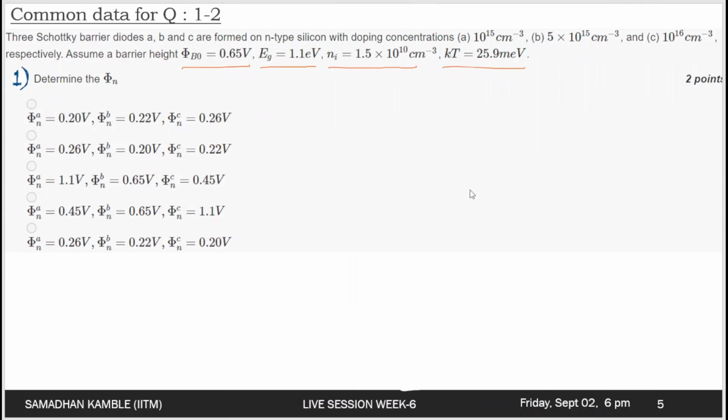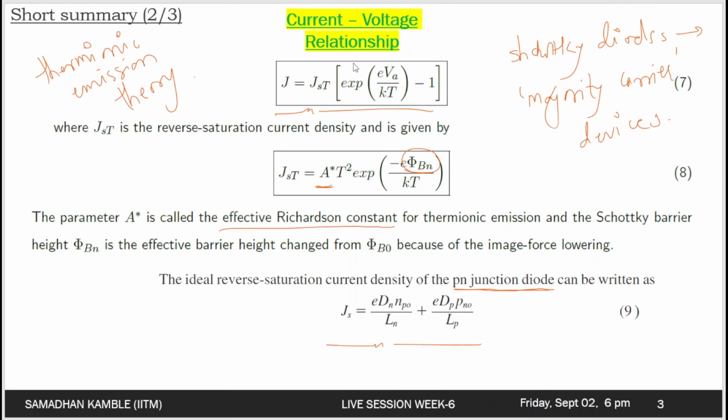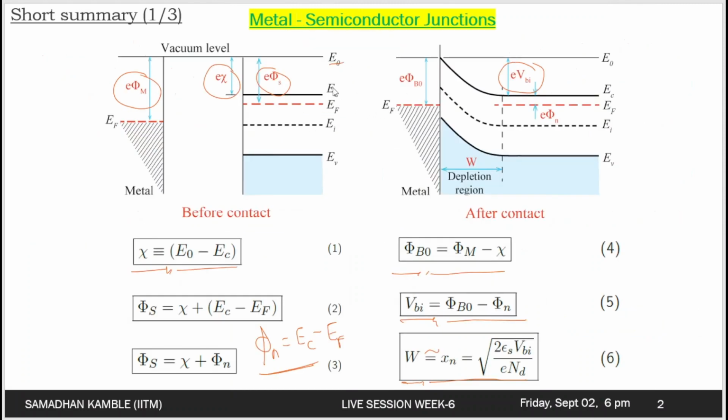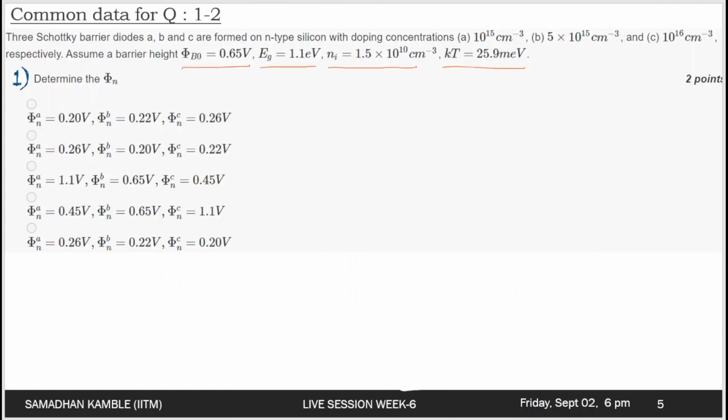As we have seen in the summary slides, if you can recall, phi n is nothing but the difference between the conduction band and the Fermi level. So phi n is nothing but EC minus EF. So we need to find EC and EF.